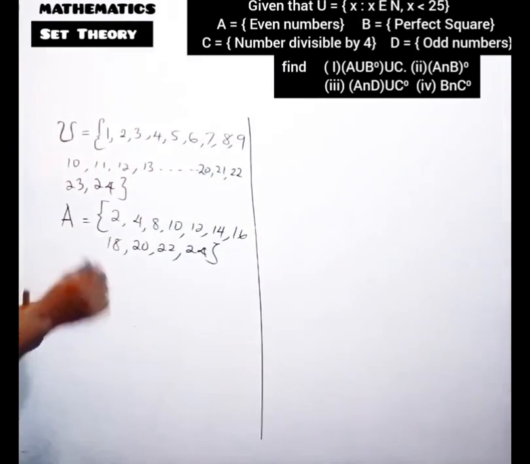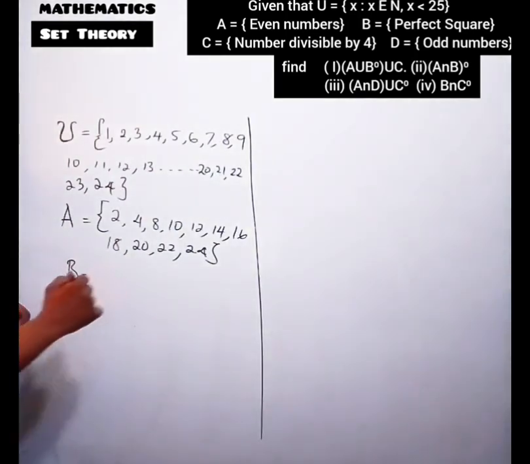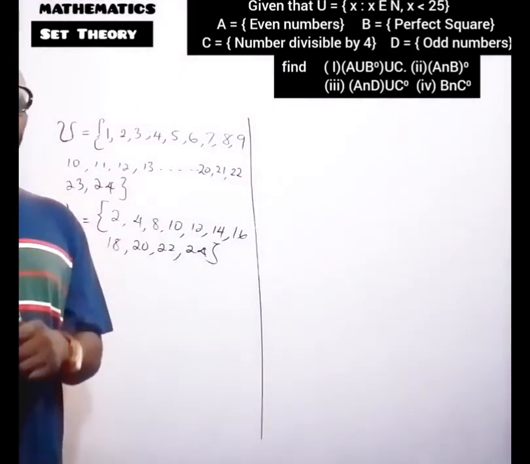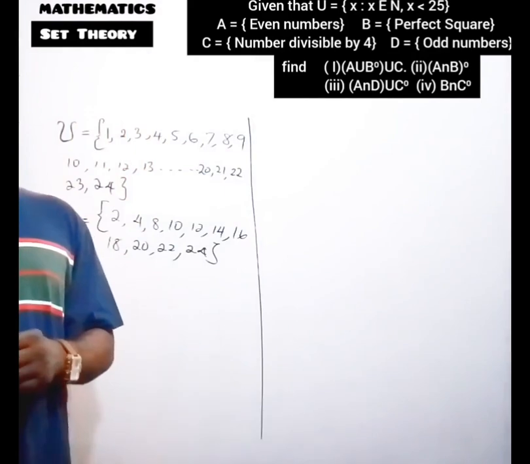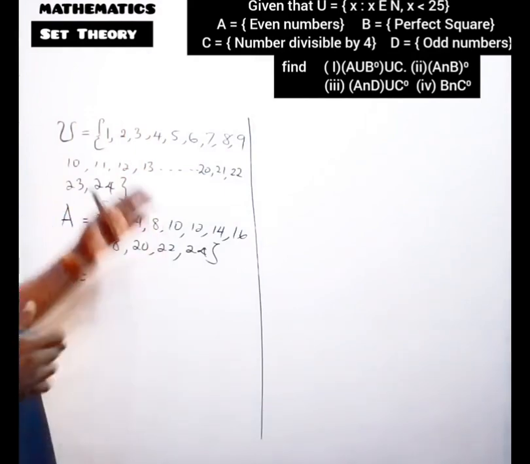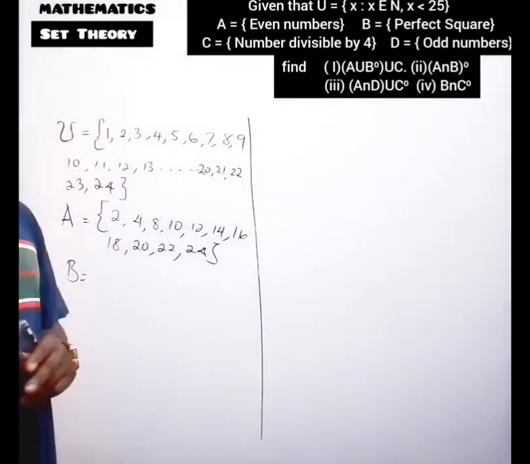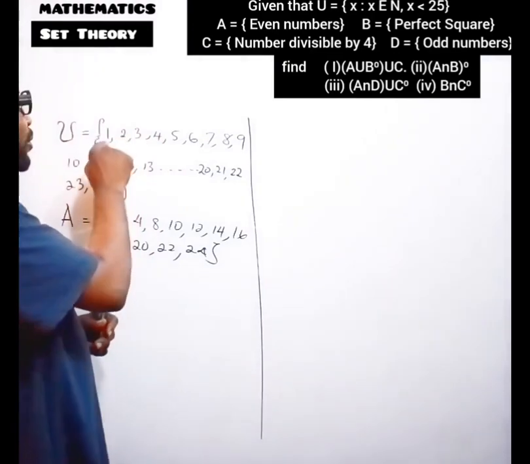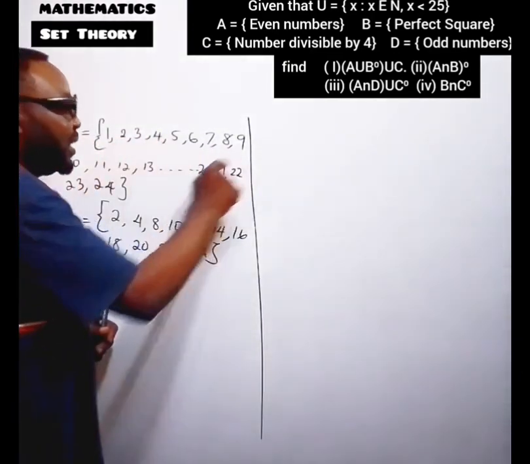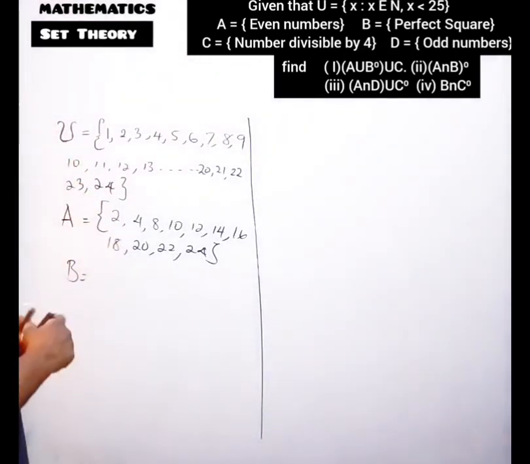Now, the next value, which is for B, the B set, as we have it from the set notation, says that B are perfect squares. Don't forget, I have told you that those values must be elements within the universal set given to us.